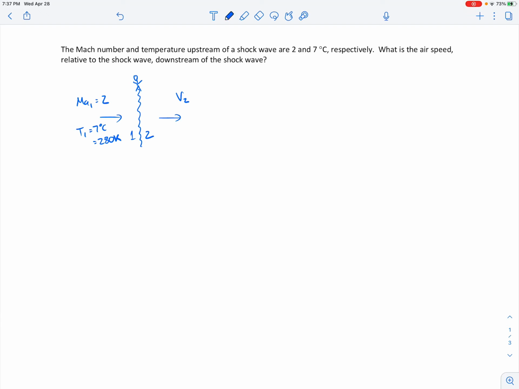So this is pretty straightforward. What we're going to do is find the Mach number just downstream of the shock. That's a function of the Mach number upstream. This comes from the normal shock relations. Let me just go ahead and write it out here, but it looks like this.